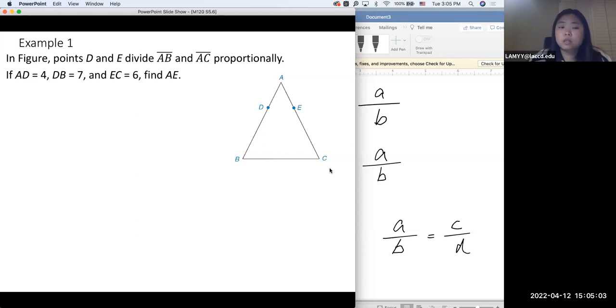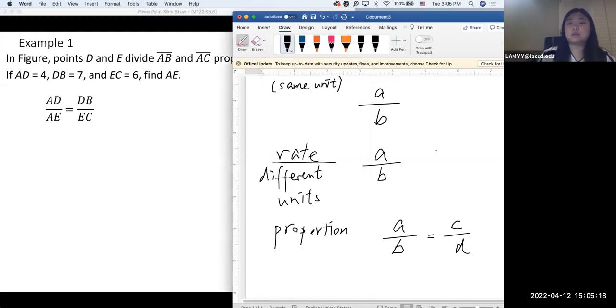Okay, write down the formula here. AD over AE equal to DB over EC. Or you could write it down as AD over DB equal to AE over EC. You should get the same answer. Let me put it down here.